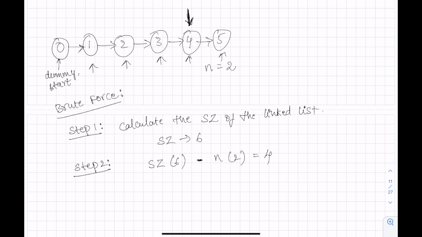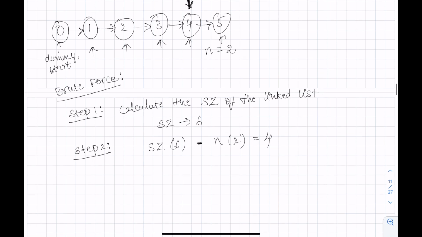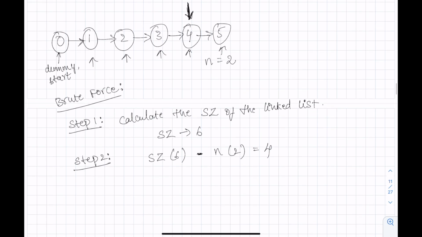So we are going to remove the fourth node from the start of the linked list. When we traverse to the 4th step, we will be at this location. So our step 3 is to again traverse the linked list.